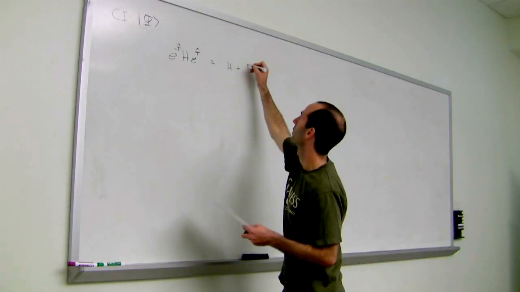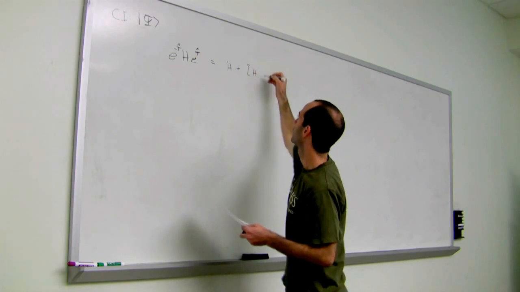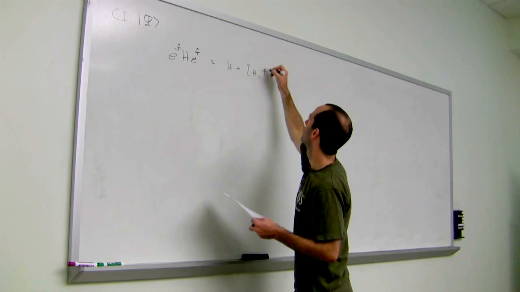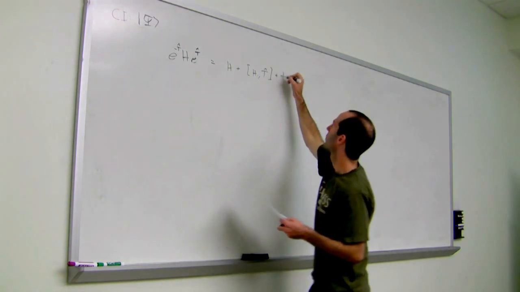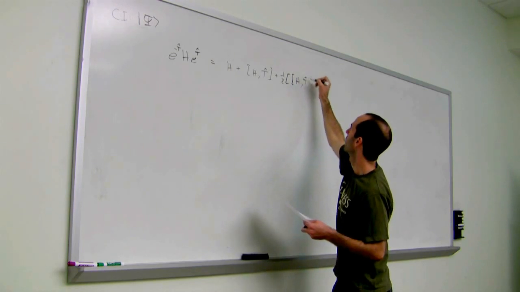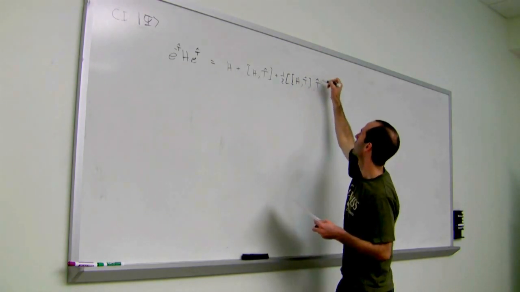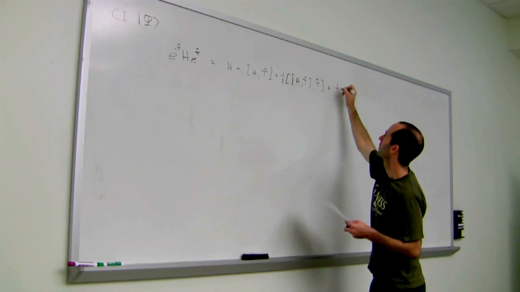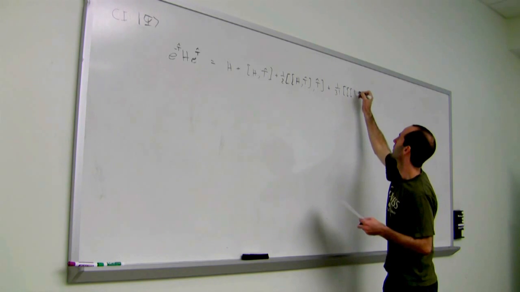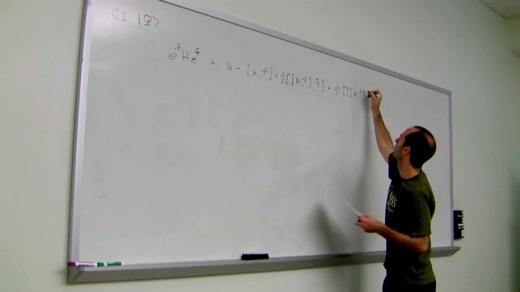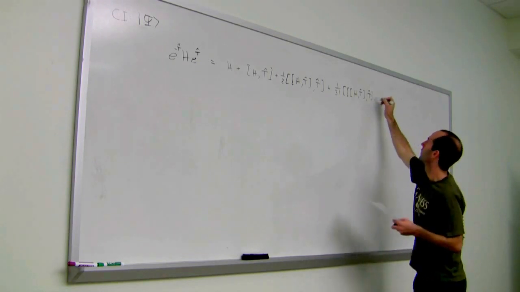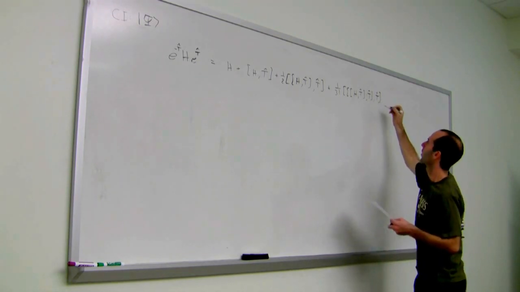We start with H commuting with T, plus 1/2 the double commutator of H with T with T, plus the triple commutator, okay, and I'll only write one more.